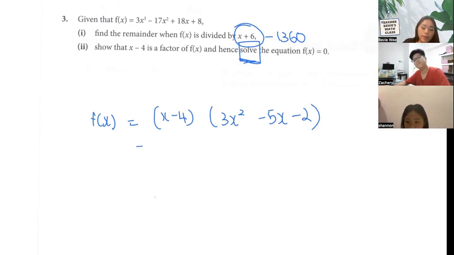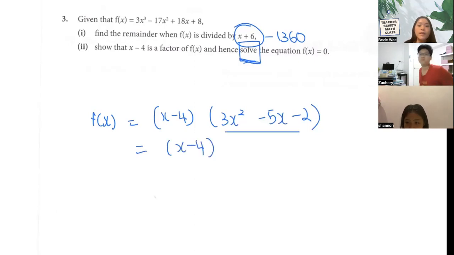Okay, then after that, can you all just do me a favor? See if you can factorize this further. Give me the 3 values of x because I want to solve it. Up to here is just factorization. Sorry, solving you need to put equals to 0.